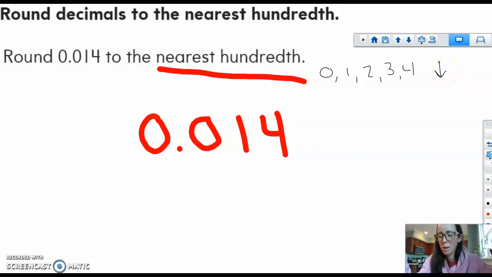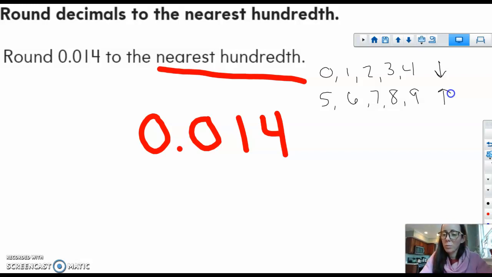And when I say round down, the digit we're looking at is actually going to stay the same. Then I have 5, 6, 7, 8, and 9. Those digits, if we are seeing them in the number, are going to make that number round up.